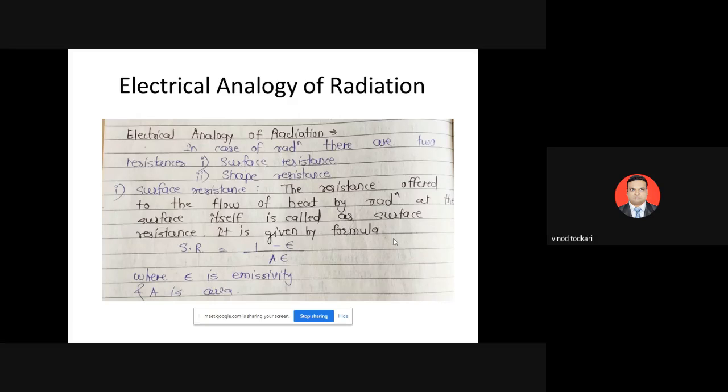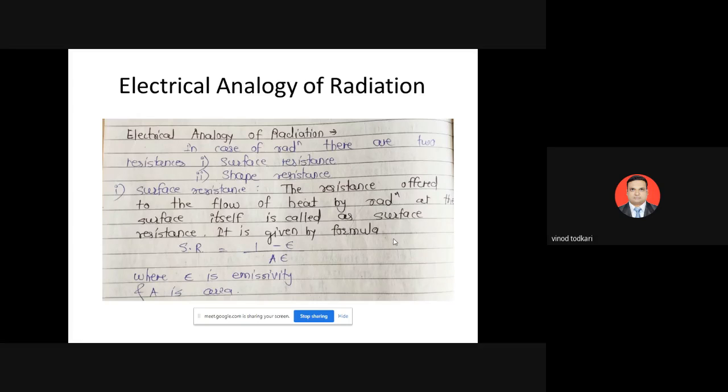The first one is surface resistance: the resistance offered to the flow of heat by radiation at the surface itself, for absorption or emission of heat. Why is it called surface resistance? Because it is offered at the surface. It is given by (1 minus emissivity) upon (area into emissivity).